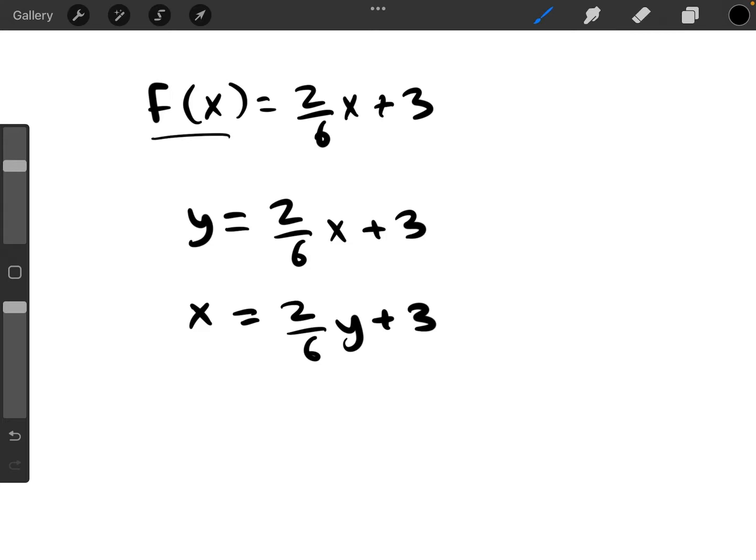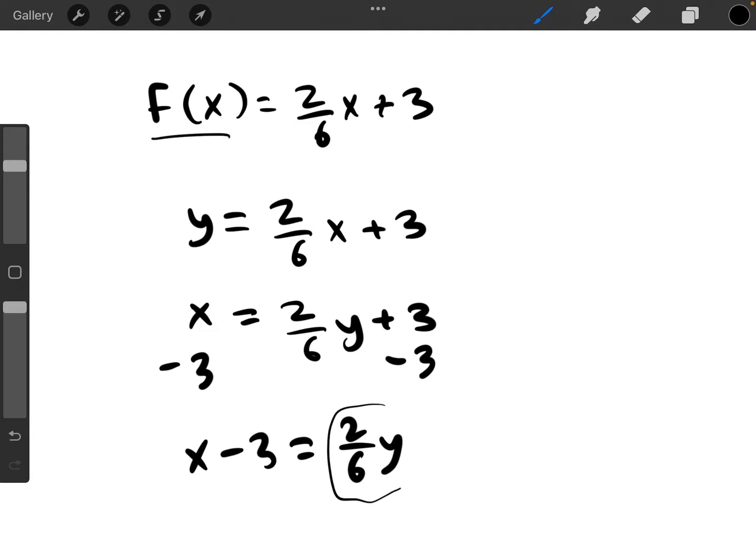To do that, you subtract 3 from both sides. You get x minus 3 equals 2 over 6y. And remember, when left with a fraction, you have to multiply it by its reciprocal. Like this, 2 over 6 times 6 over 2, and whatever you do on that side, you do to the other side.